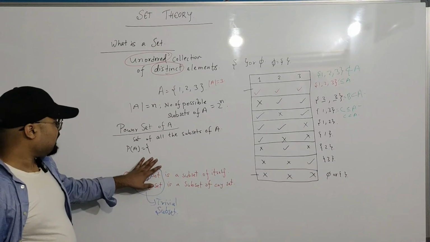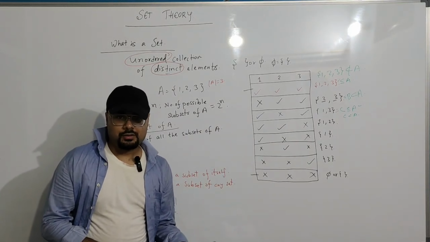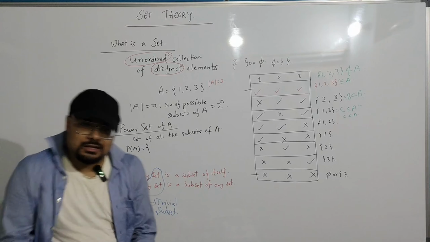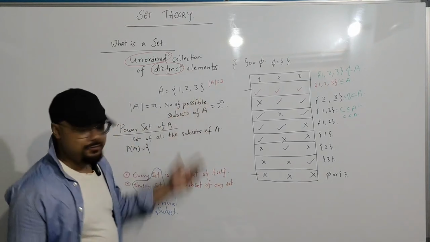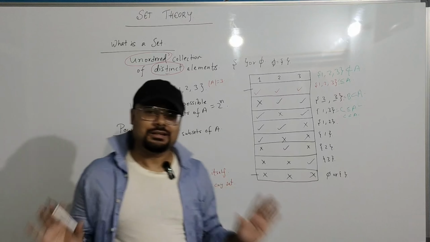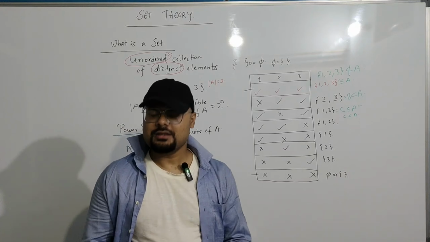In the power set, each element is a set. A set can have a set as an element. It is possible, of course, as long as it is a distinct element. A set can have anything as its element.